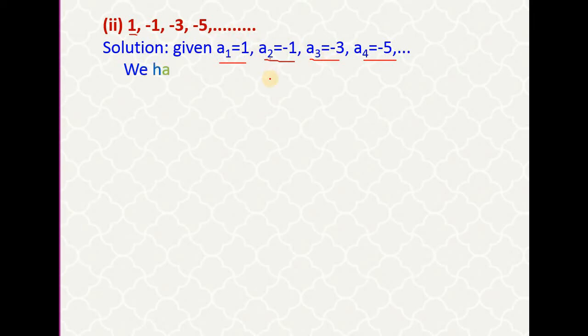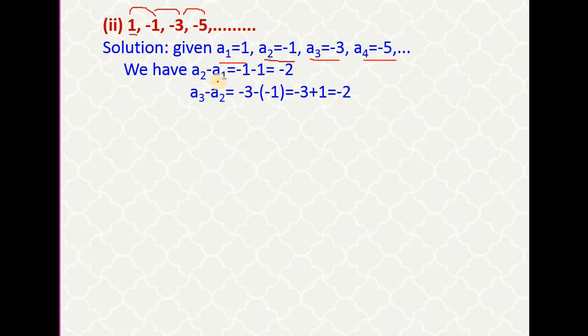Now let us find the common difference. So how to find the common difference? A2 minus A1, then A3 minus A2, then A4 minus A3. Therefore, A2 minus A1 is equal to minus 1 minus 1, which is minus 2. Then A3 minus A2.